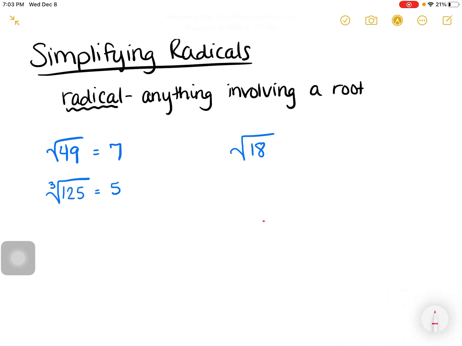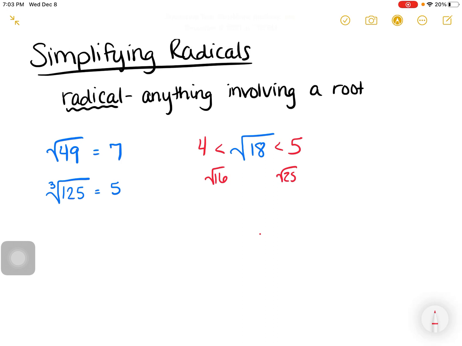And I know just below it you have the square root of 16, which would be 4. And above it you have the square root of 25, which would be 5. So we threw those in there. 4 is less than the square root of 18, which is less than 5.